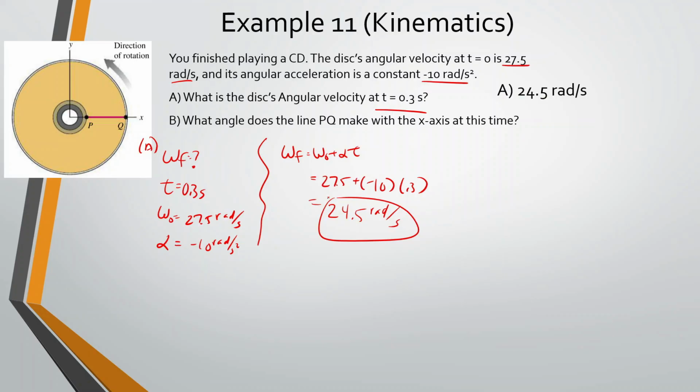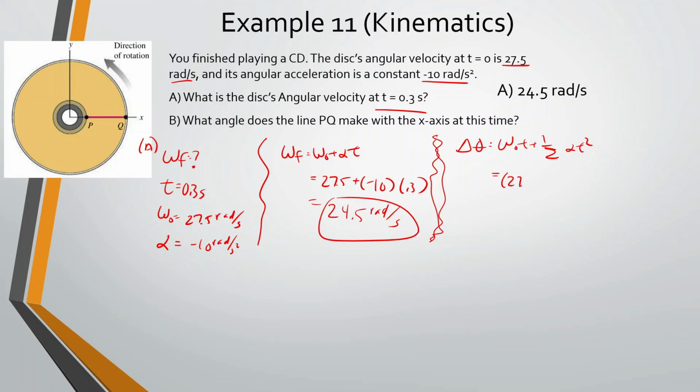Okay, part B. What angle does the line PQ make with the x-axis? Okay, so we want to find the angle, not radians or anything like that. So this one's going to be a little tricky. So let's find theta. Theta is equal to omega initial t plus 1/2 alpha t squared. So this is going to be equal to, ooh, this might be a little complicated.